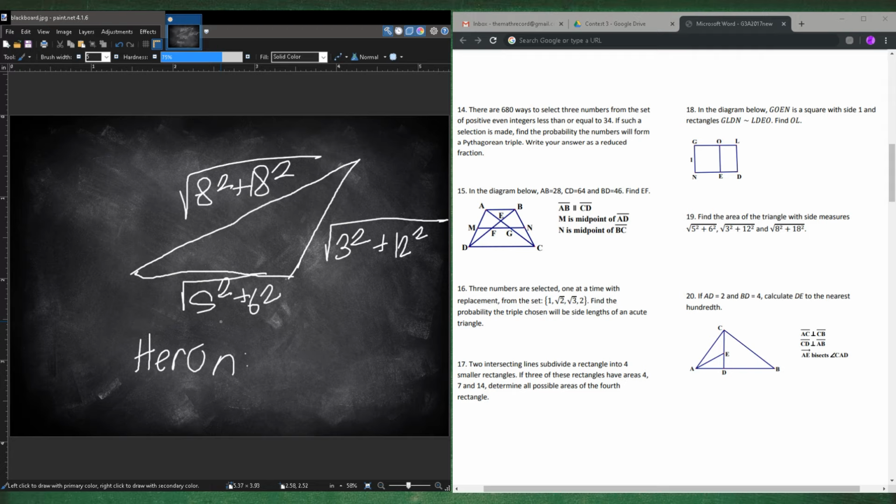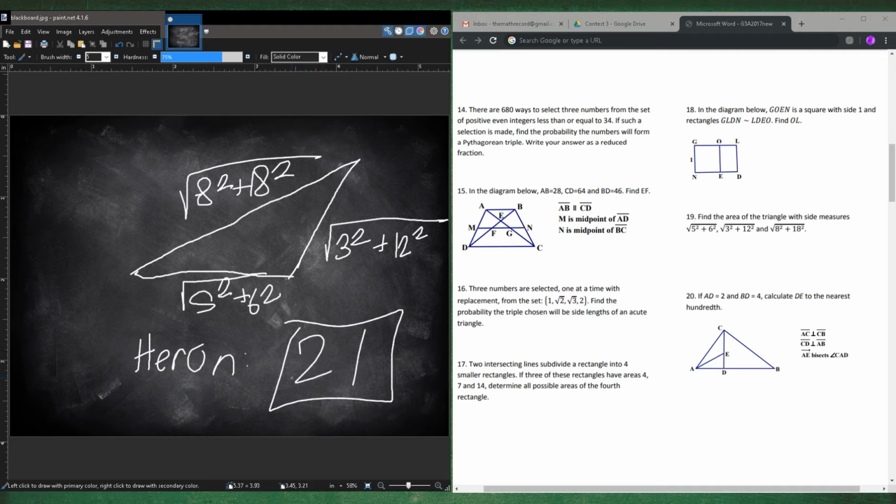Then multiply by all those remaining numbers together, and then you square root it, and you should have an answer come out as 21.